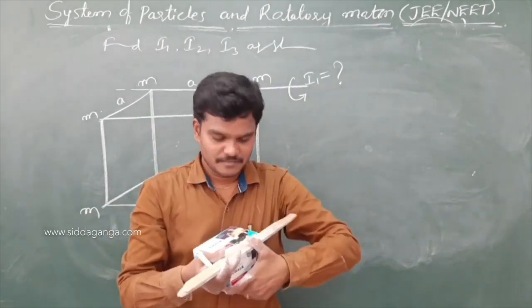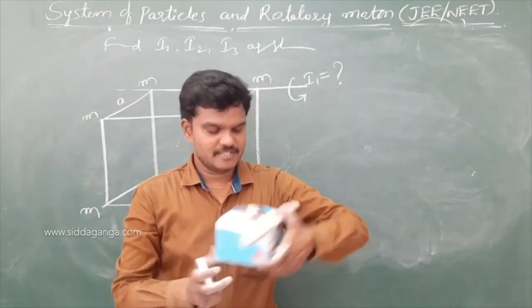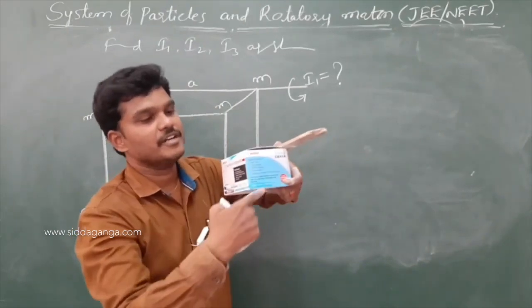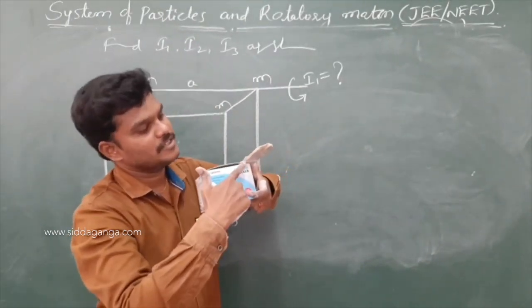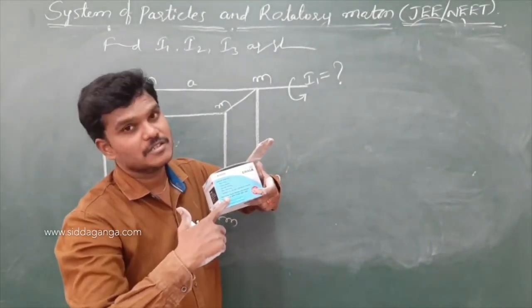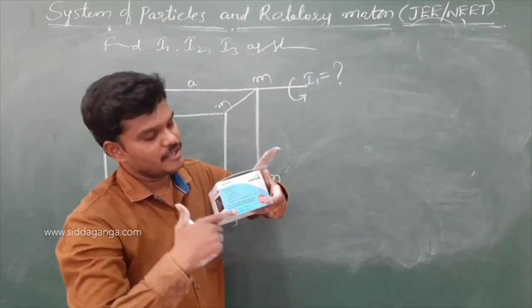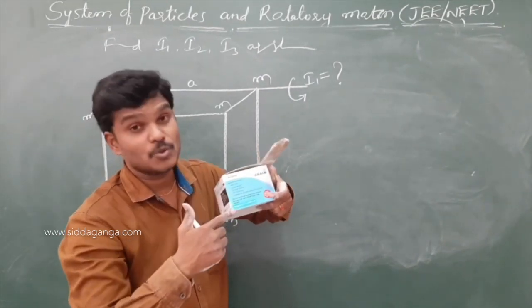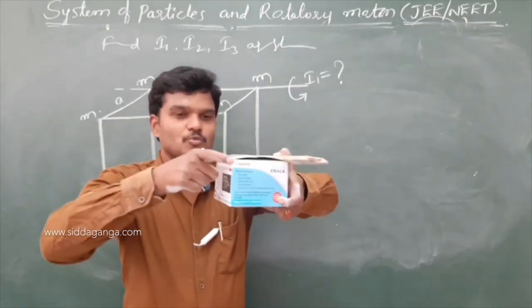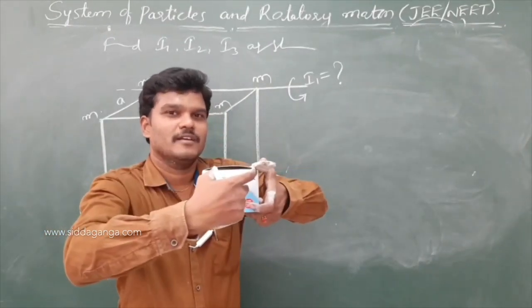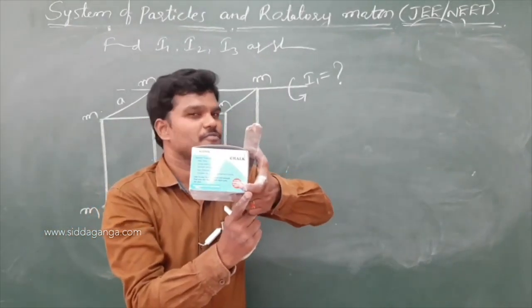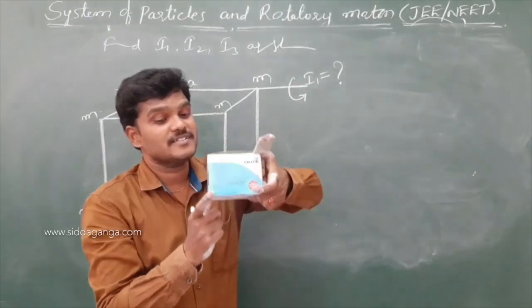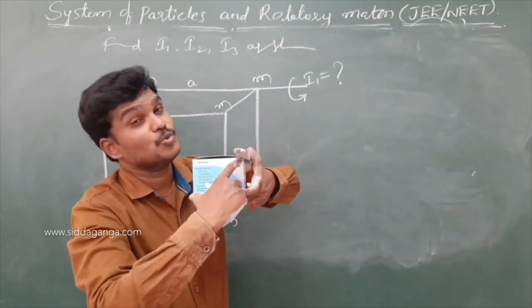And see this side, from here to here, how much is it? Root 2A. So above two particles are at a distance of A, below two particles are at a distance of A, but these two particles are at a distance of root 2A.